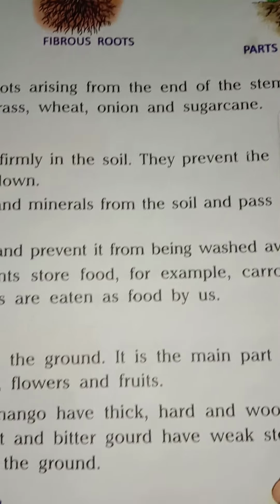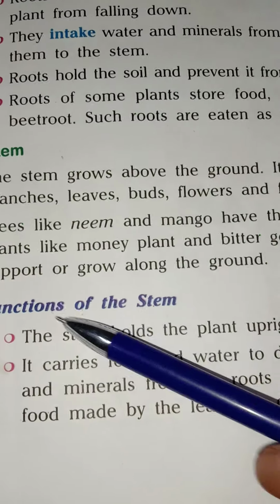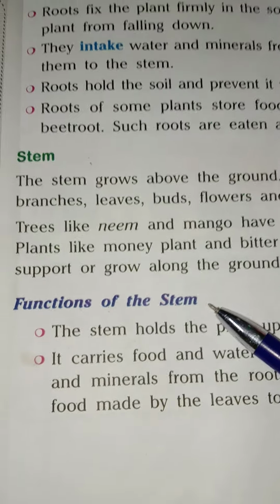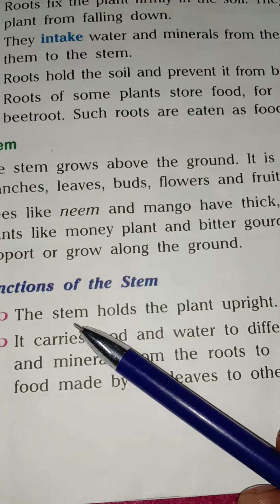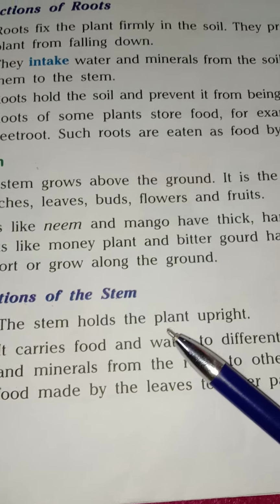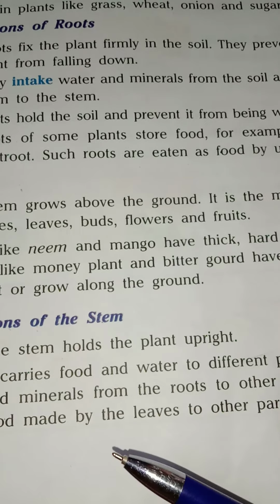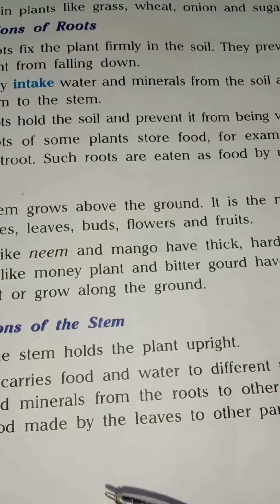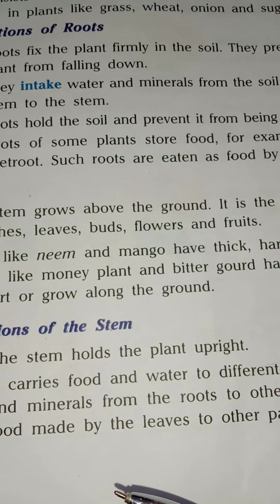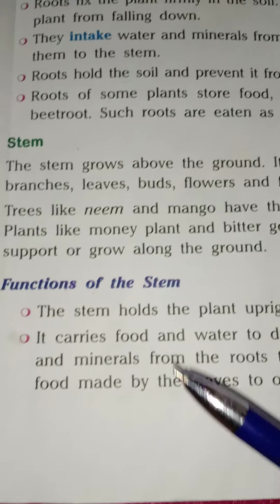Okay, now clear? Now, student, functions of the stem. First, the stem holds the plant upright. Its main function is to provide support to the plant, holding leaves, flowers and buds.